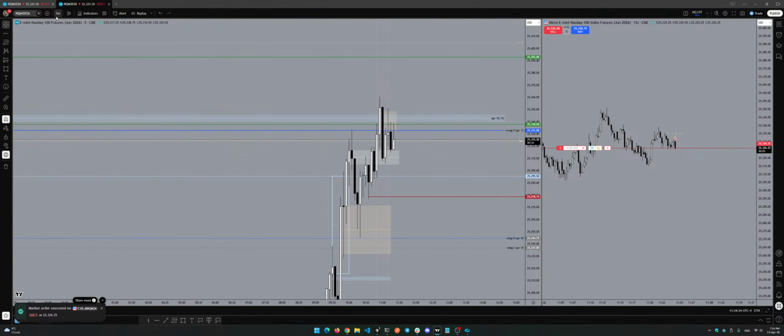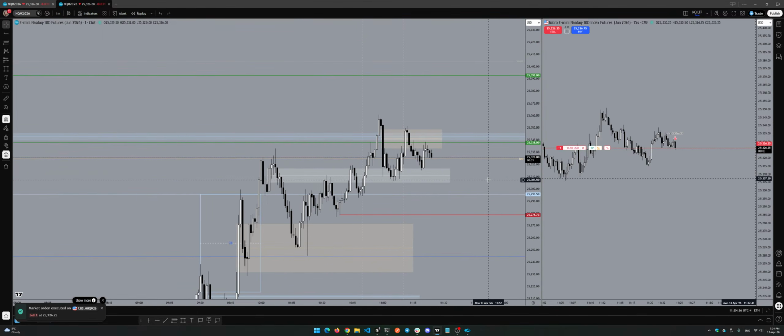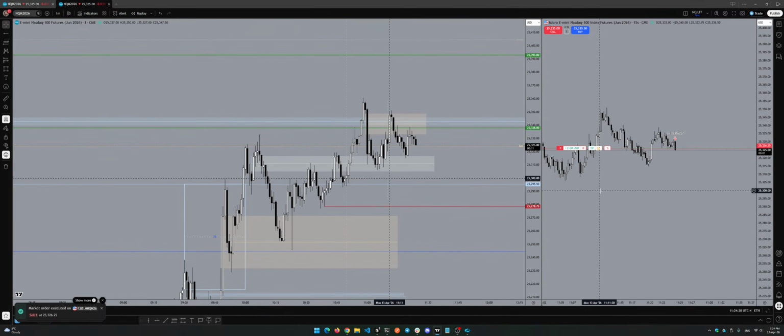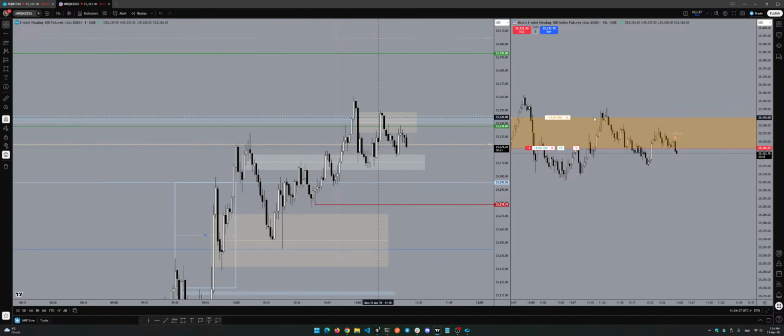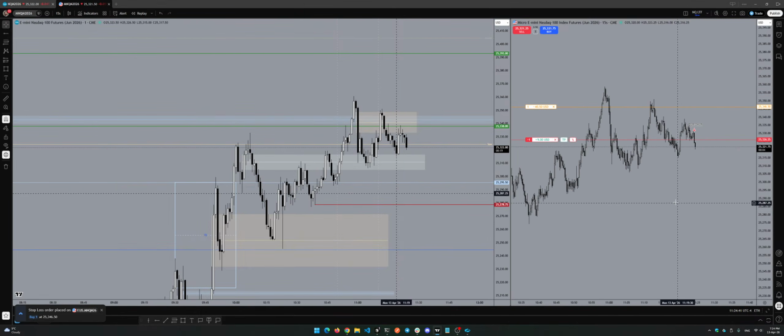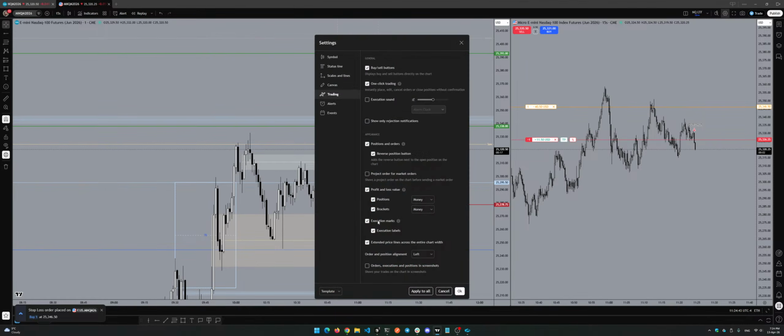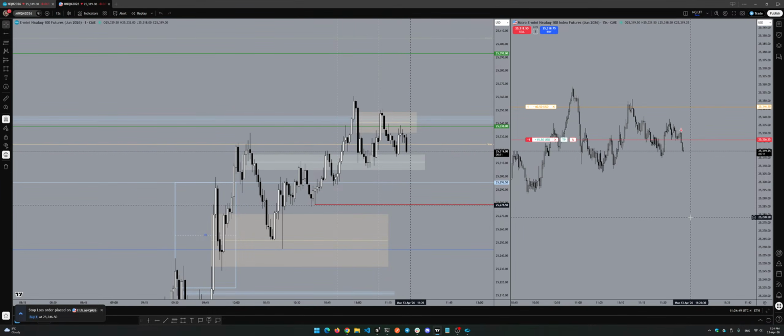Okay, let's do it. Yeah, somewhere around there. Execution marks. I don't know, or I can keep the execution marks but hide the labels.